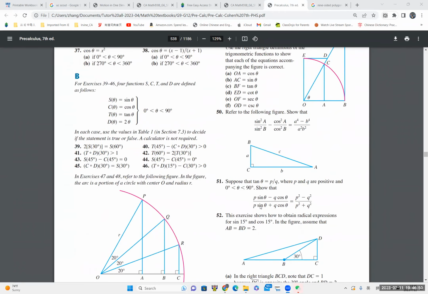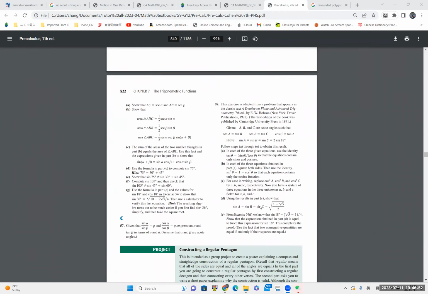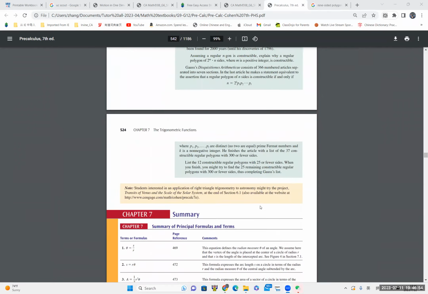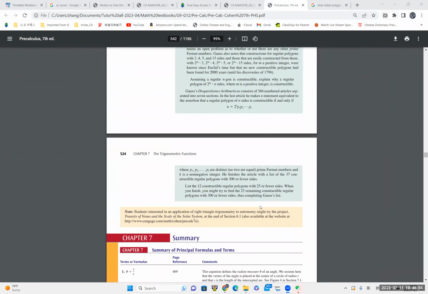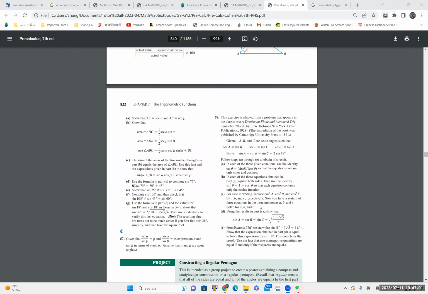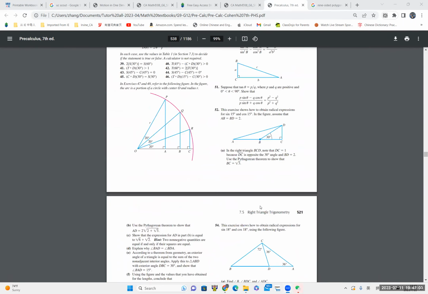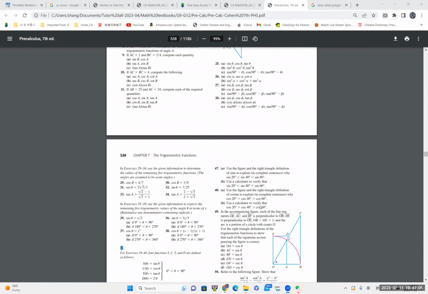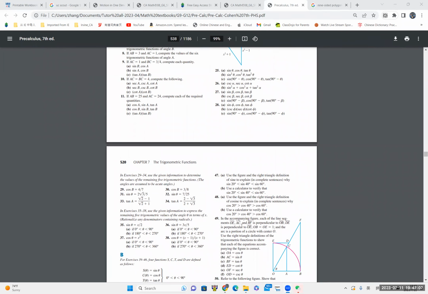Okay, now we go here. Let's quickly go through. Then it's like chapter summary and review and test. Let's try to find some.